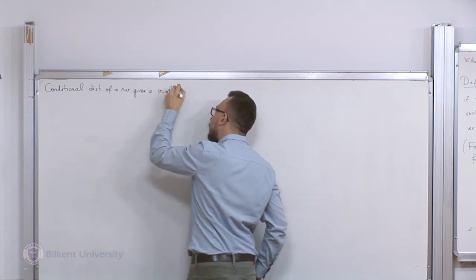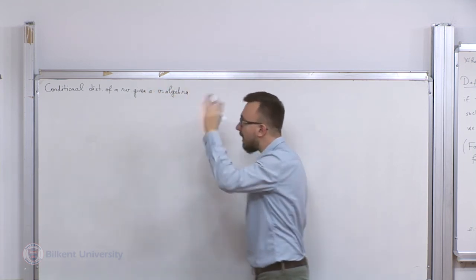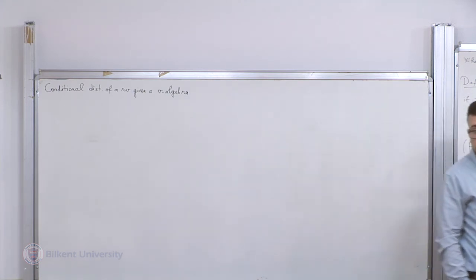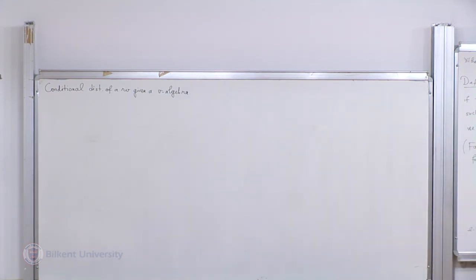And next time, we're going to look at the conditional distribution of a random variable given another random variable. That's going to be the most concrete case, right? Conditional distribution of X given Y. We're going to look at it next time.